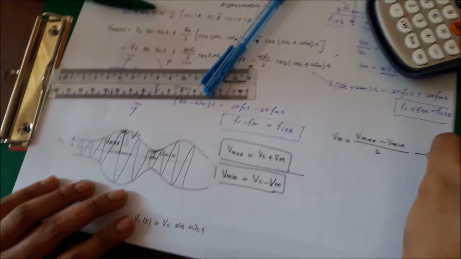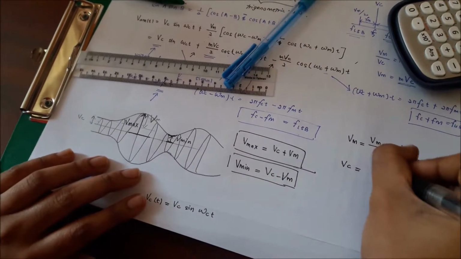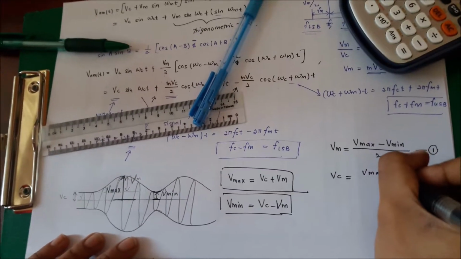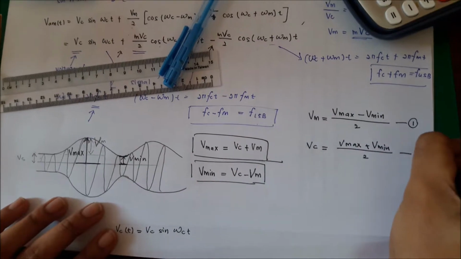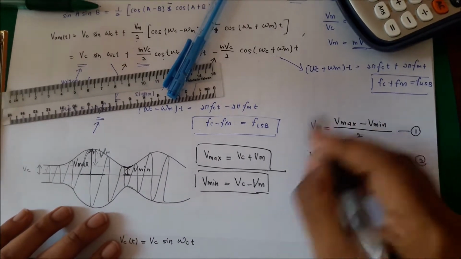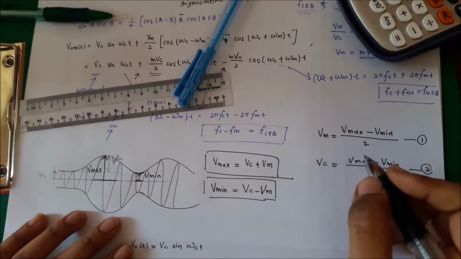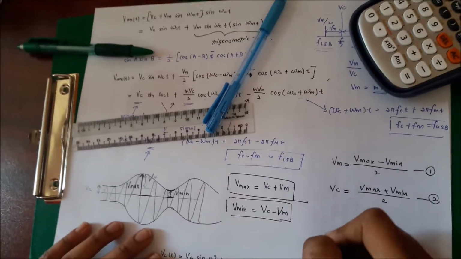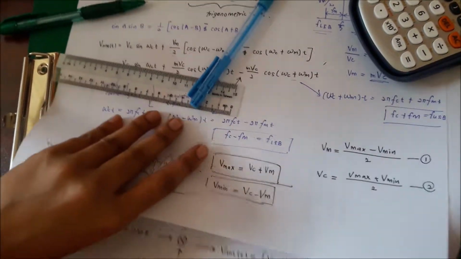Let's keep this as the first equation. And my Vc is equivalent to V max plus my V min over 2. Let's keep this as the second equation. So if I use these two equations, I would get my V min and also my V max. Okay, let's see how we do it.